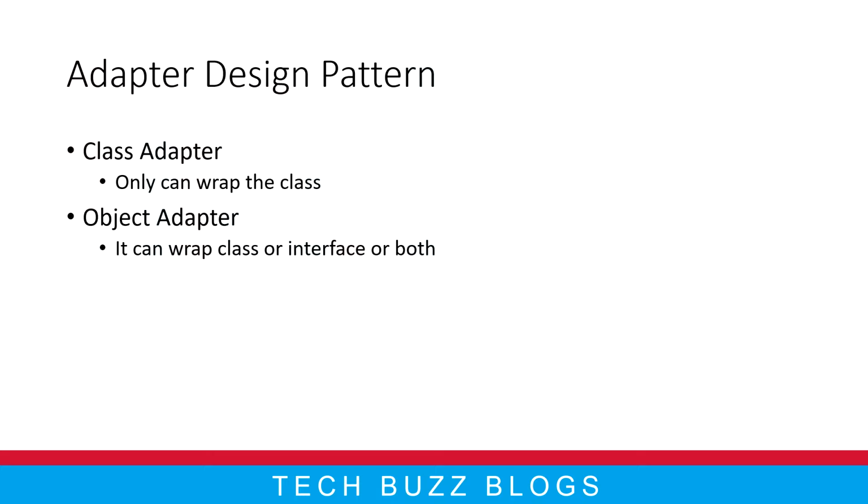Basically, what we need to do is, in between the charger and the plug point, we need to put one more thing called an adapter. This adapter will accept our India plug point and can plug into the Singapore plug point. That is what the adapter is doing.